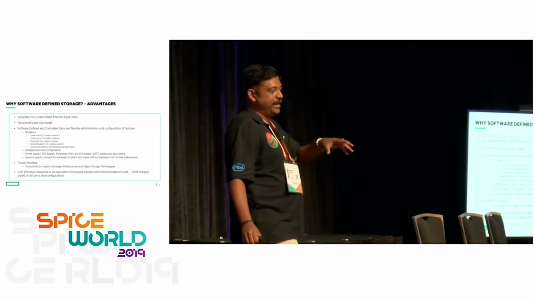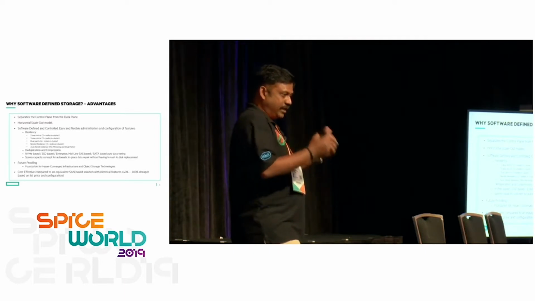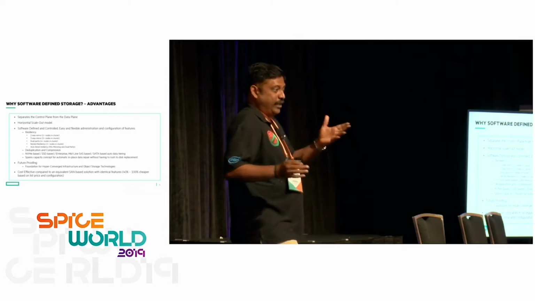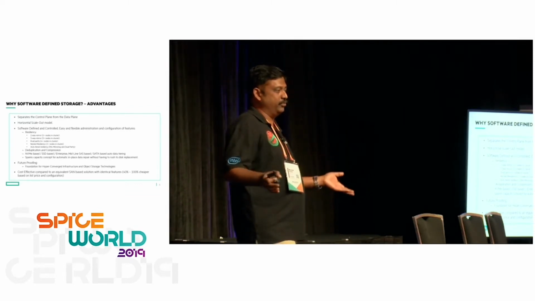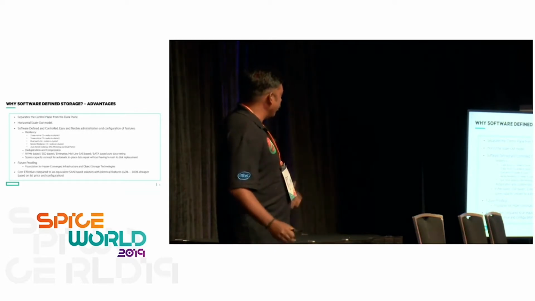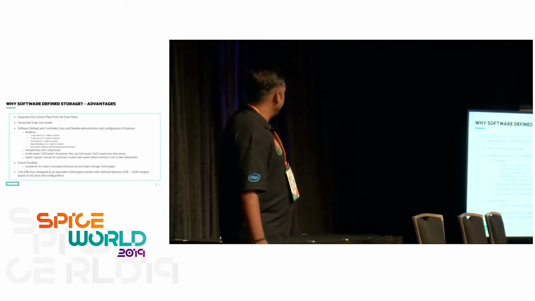So when you're writing, the hot pages would be cached in the NVMe drives, and the remaining drives are used for the actual capacity. This is automatic, and you don't have to configure anything. So that's one of the automatic data tiering features of Windows Server 2019.